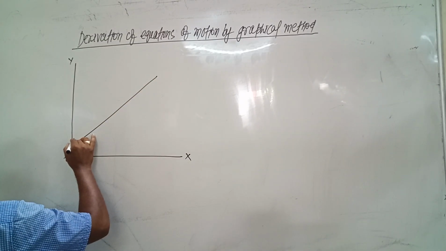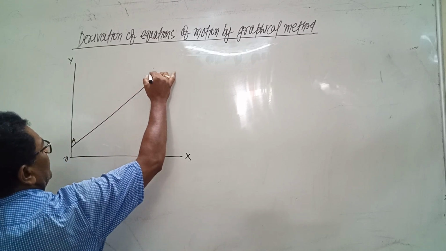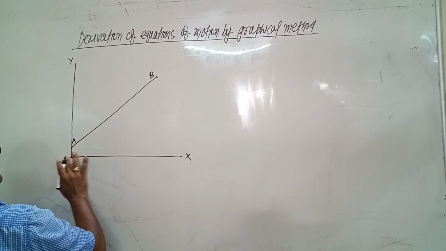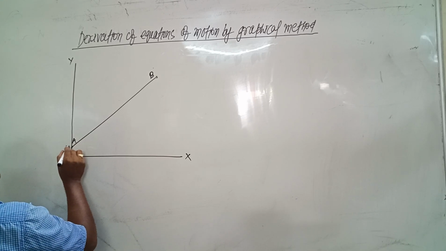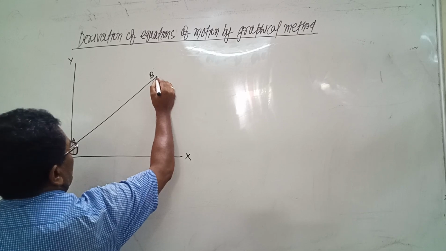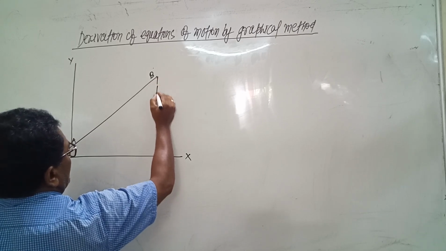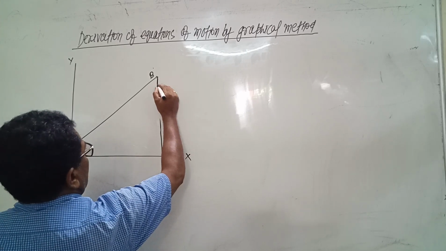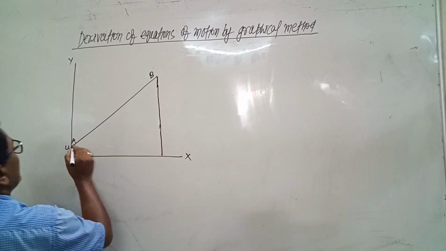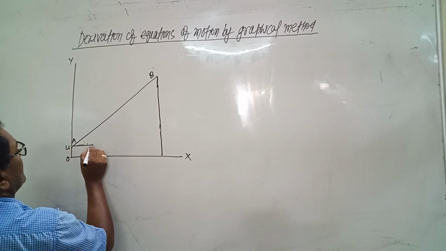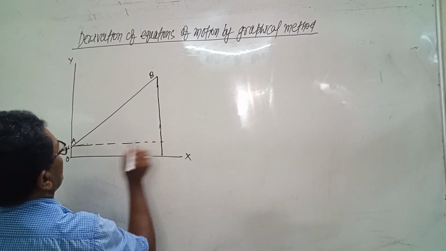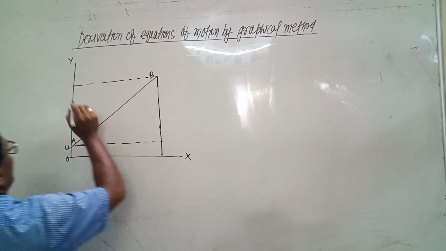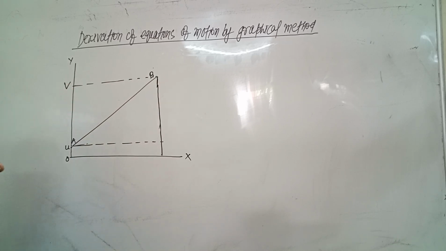AB is the graph of uniformly accelerated motion, and here the velocity is u, and v is the final velocity.